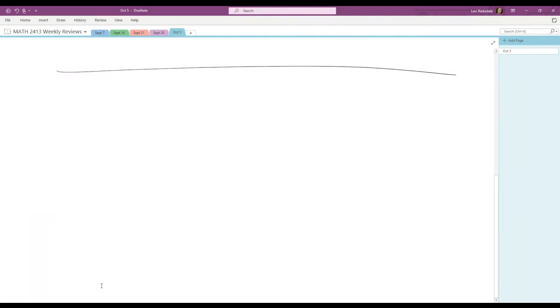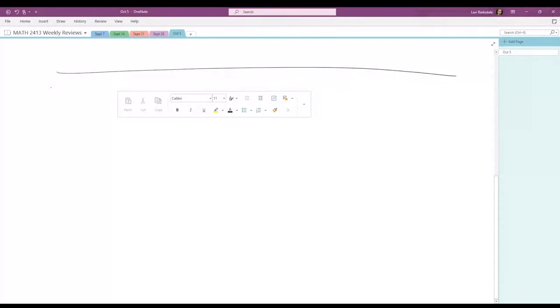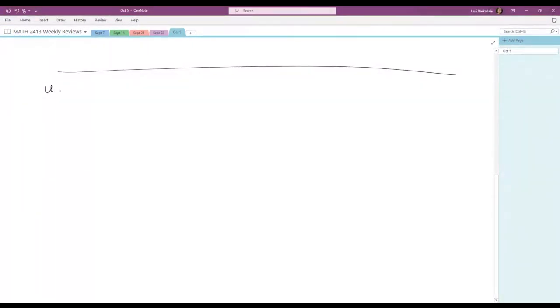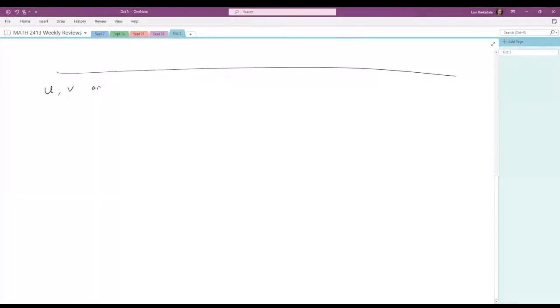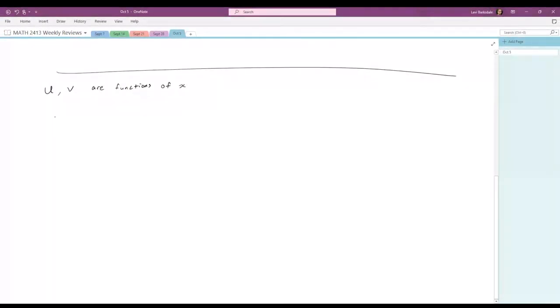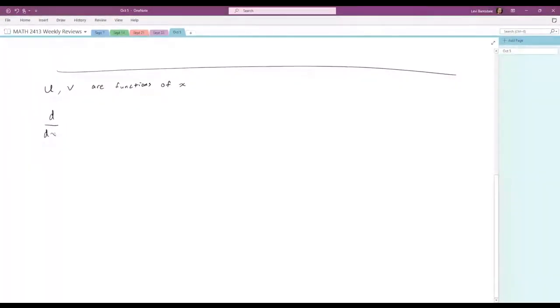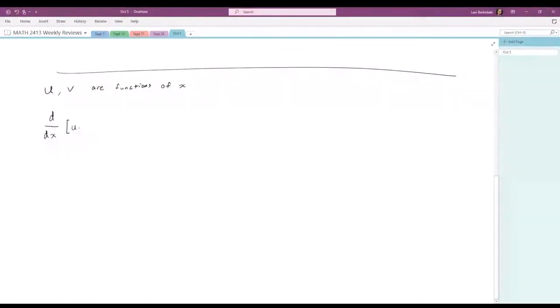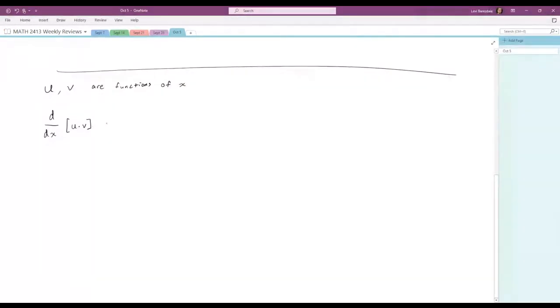We touched a little bit on this last week. So the product rule says that if we have two functions of x, let's say u and v are functions of x, and when we say functions of x, this just means there's something with an x in it, basically. And we wanted to take the derivative of these two functions multiplied with each other.